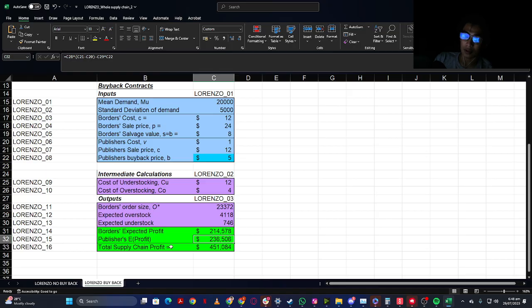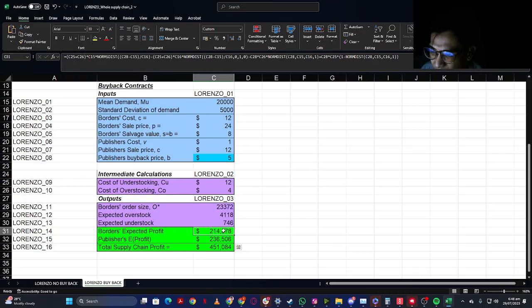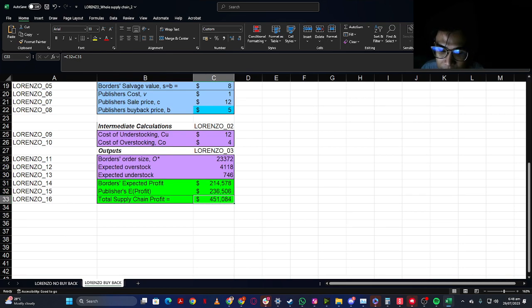And then the total supply chain profit would be 214,578 plus 236,506, which gives us the total supply chain profit of 451,084.